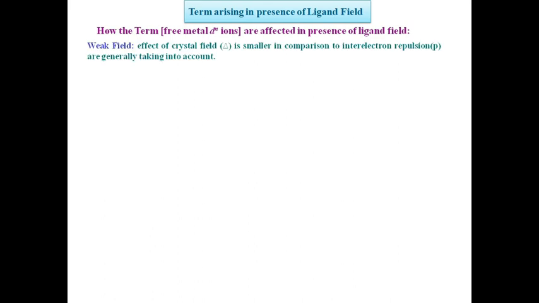As per the previous slide, we generally consider the weak field case for the construction of Orgel diagram. Here, the free ion terms of different dn systems are further split into different new components in the presence of a ligand field or crystal field.